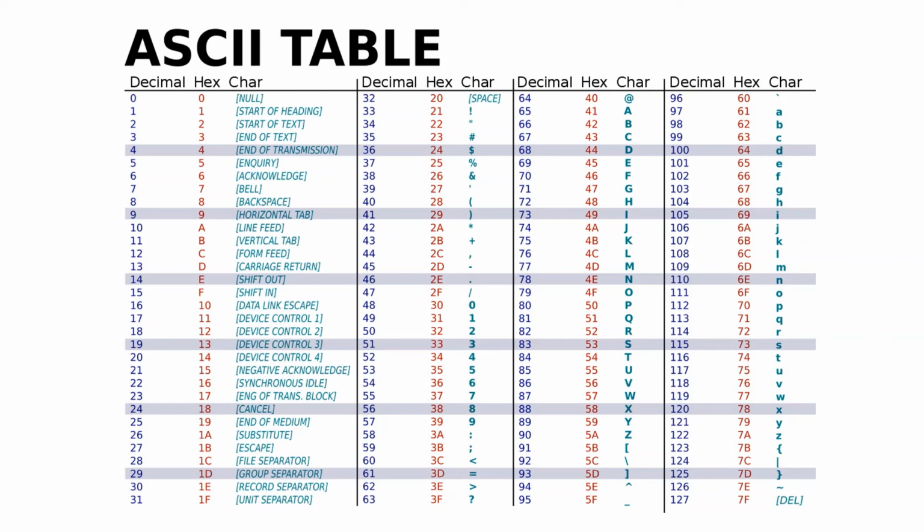So the characters that we use are the normal English characters from A to Z, then 0 to 9, then a bunch of additional special characters, like you can see the exclamation mark, the at sign, and special keys on the keyboard, for example delete or shift.